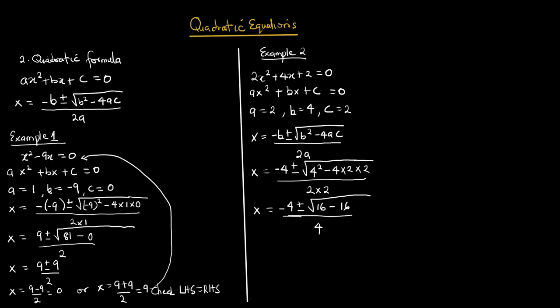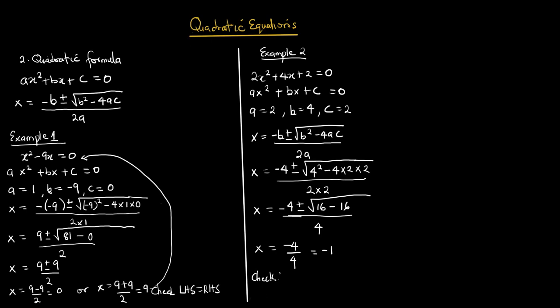So if we do this correctly, we should get x is equal to minus 4 plus or minus the square root of 16 minus 16, which should be 0. So that's gone. Divided by 4, this is going to be minus 1. And if you watched the previous video, you'll see that this is exactly what we got.